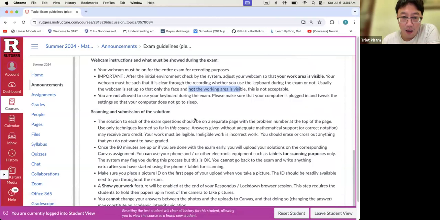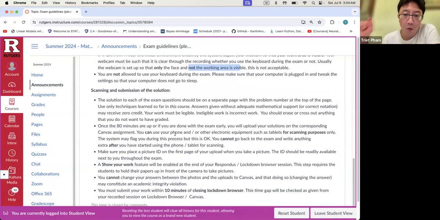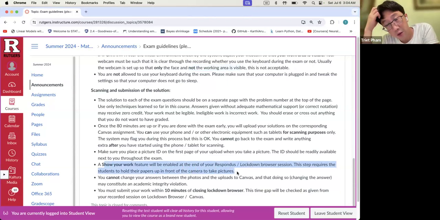And then scanning and submitting. Oh, one more thing, right? To prevent people from, I don't know, adding stuff after Lockdown browser is closed. Of course, 10 minutes is one way, but after you're done, you will be asked to hold up, show your work. And then take pictures.